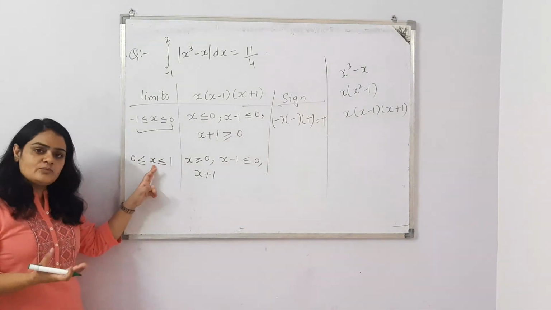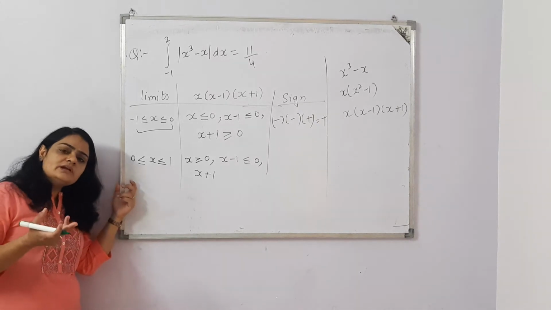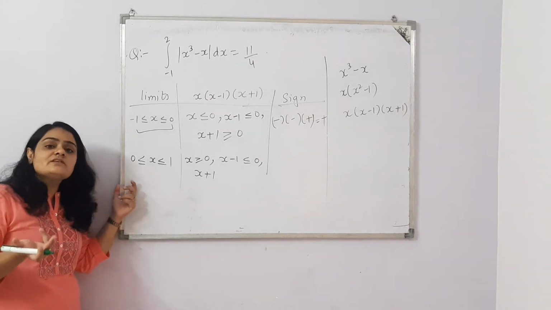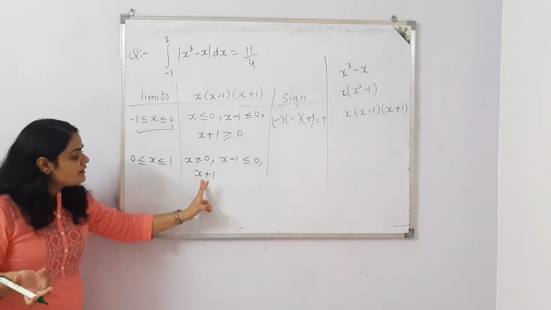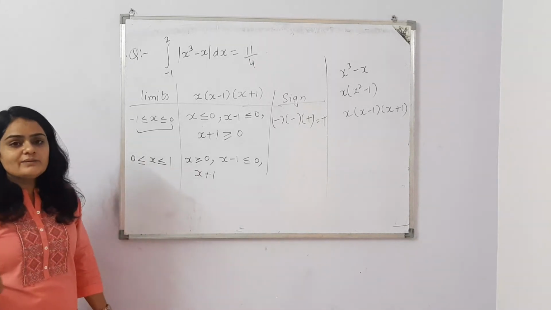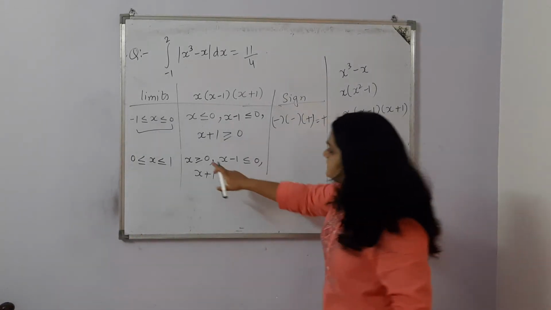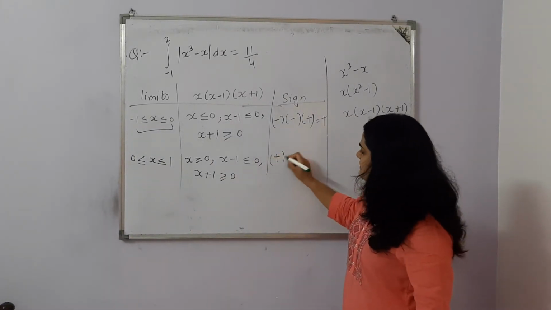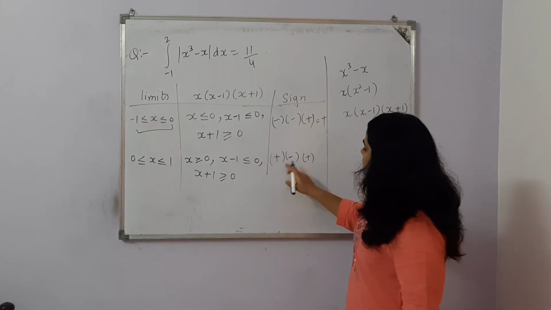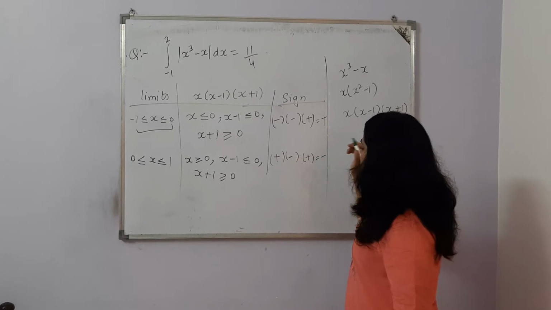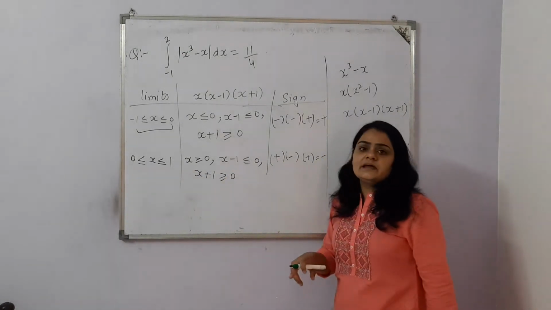Let's take 0.5, the middle number. You can take any of the numbers, 0.4, 0.3, 0.2, it's up to you, but it should lie between the limits. So 0.2 plus 1 is 1.2, which is greater than 0, so this is positive. So x is positive, x minus 1 is negative, and x plus 1 is positive: plus minus plus. So whenever the limits are 0 to 1, our function will be a negative function.